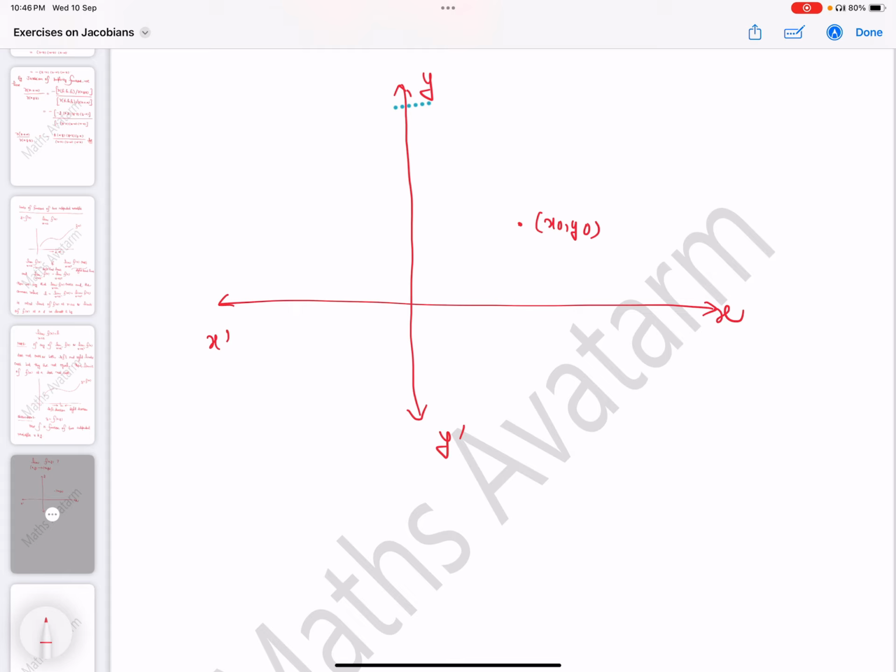But here so many directions are there approaching this point. So if we want to check whether the limit of a function exists at some point x naught, y naught, we have to check so many directions. There are infinitely many directions. We have to check them one by one.